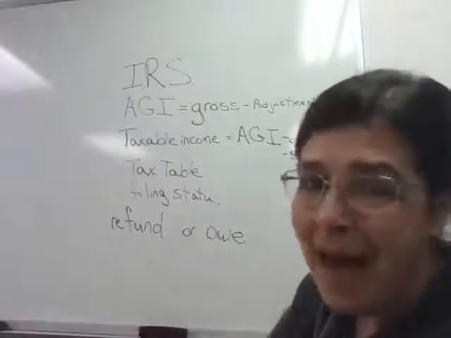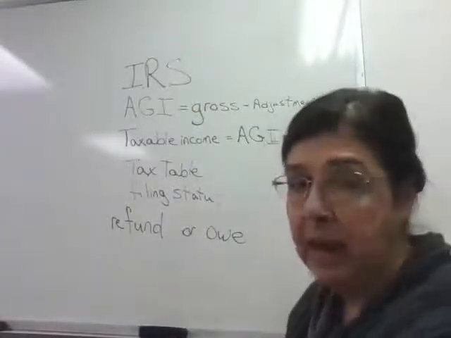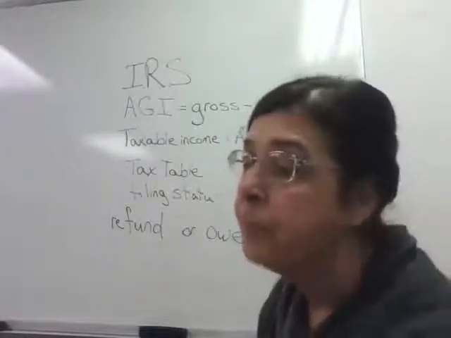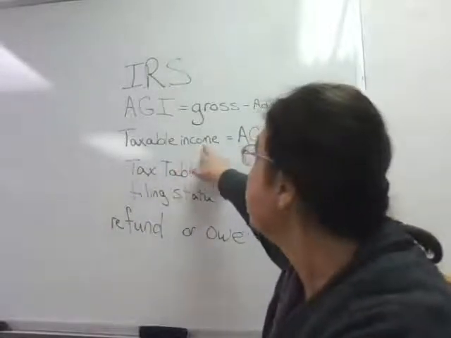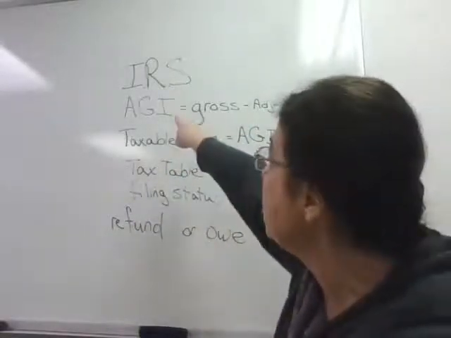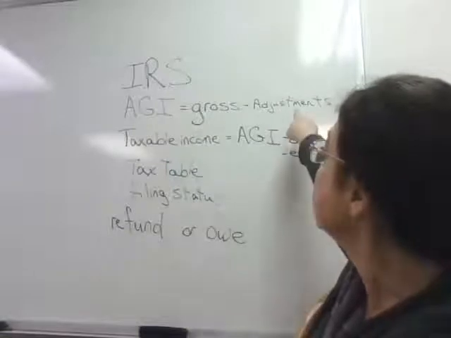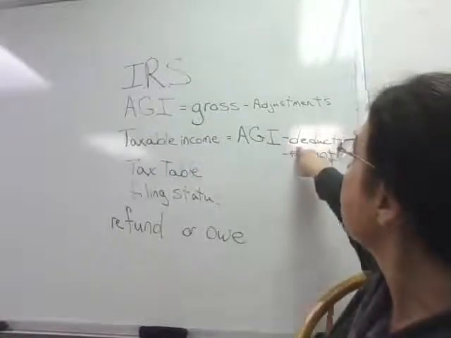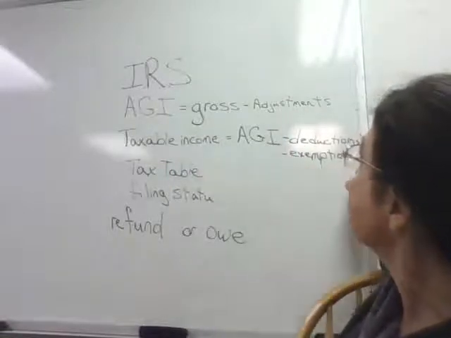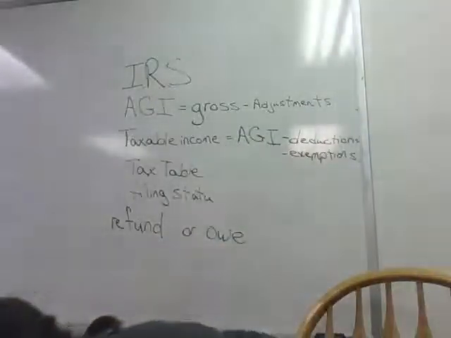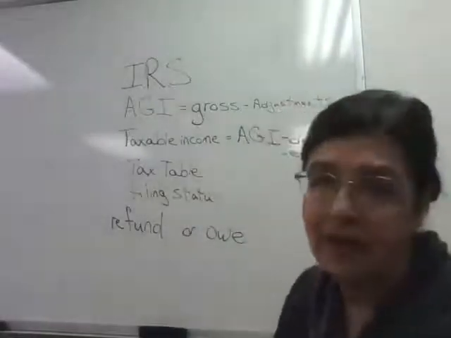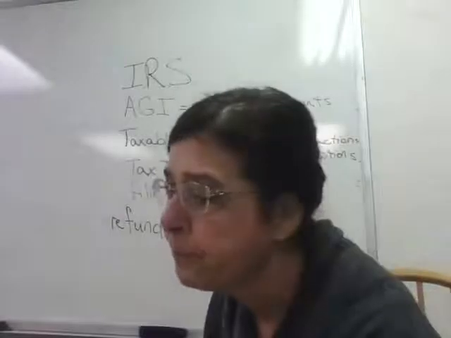We're just doing the math part of the lesson today. Just know that taxable income is your AGI, your gross after adjustments, and then you're also going to take away deductions and exemptions. Just know the vocabulary at this point.